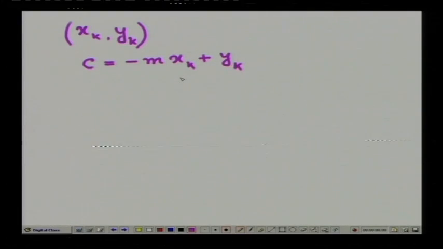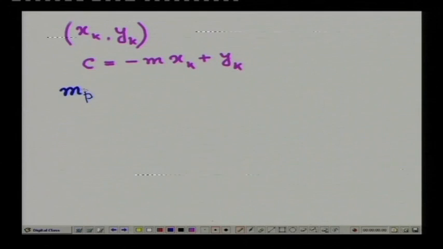So, suppose for a particular choice of M, we have already used k for something else, so let us call it a particular value of M, say M_p.